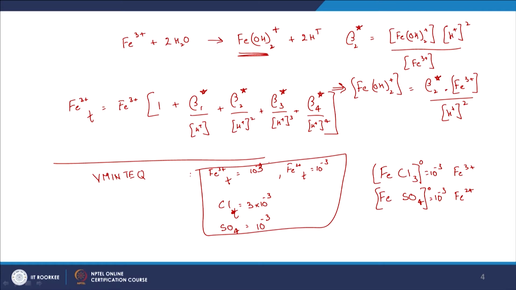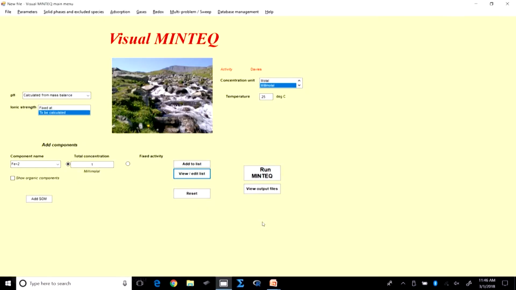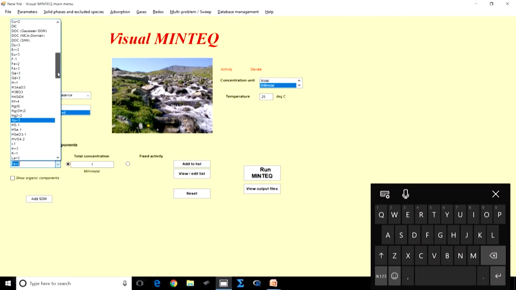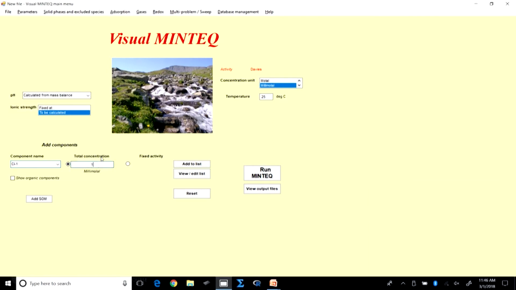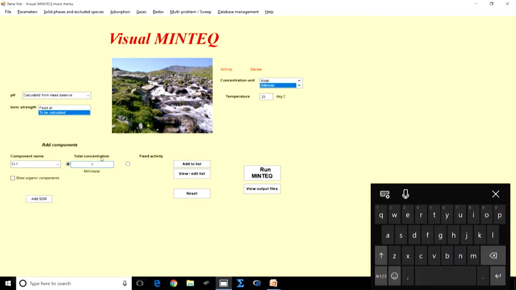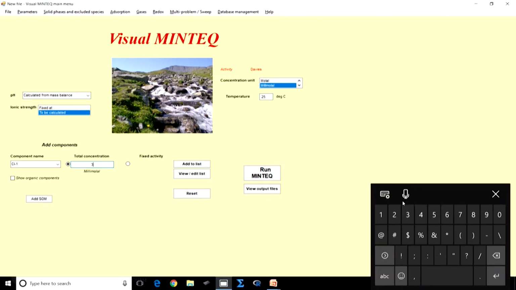Let me plug in the relevant Cl and SO4. So Cl, where is Cl here? Cl is 3 millimolar, add to the list, and then SO4.